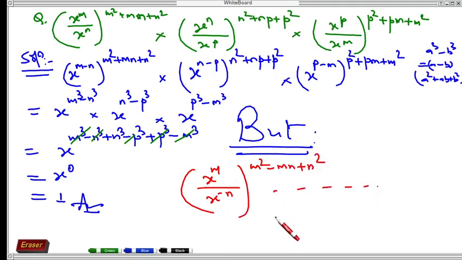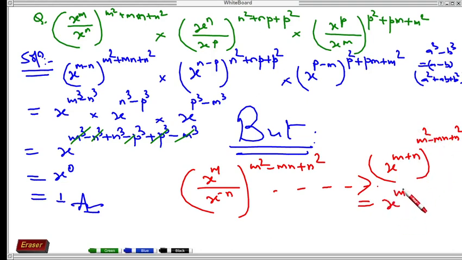So in this case what can we do? Then simply you can change this into x to the power m plus n times m square minus mn plus n square. It gives a plus b times a square minus ab plus b square, x to the power m cube plus n cube, and in the same way the answer will be x to the power 2 times m cube plus n cube plus p cube.